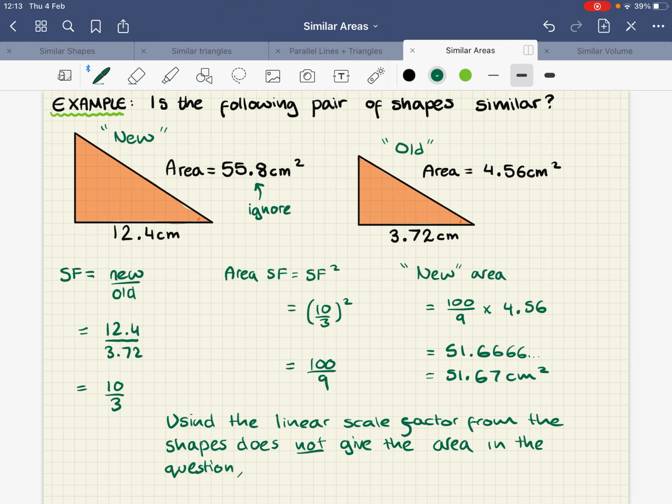And I'd even do a little numerical comparison here. I'd use that 55.8 and I would say it's not equal to the 51.67. And I'd write, so they are not similar.